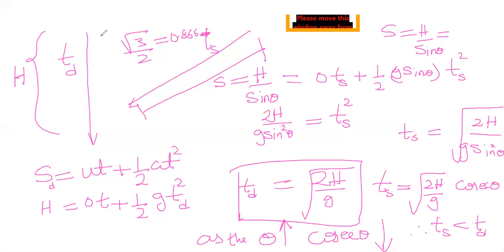Then sin 60 is 0.866. So as theta increases, sin theta is increasing or not? Understood? So that means 1 by sin theta will decrease, no? Is it clear? Is it understood or not?